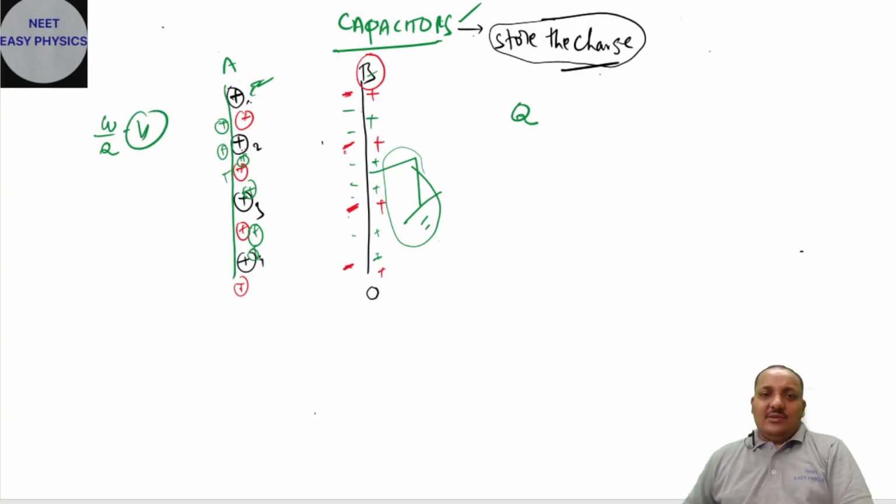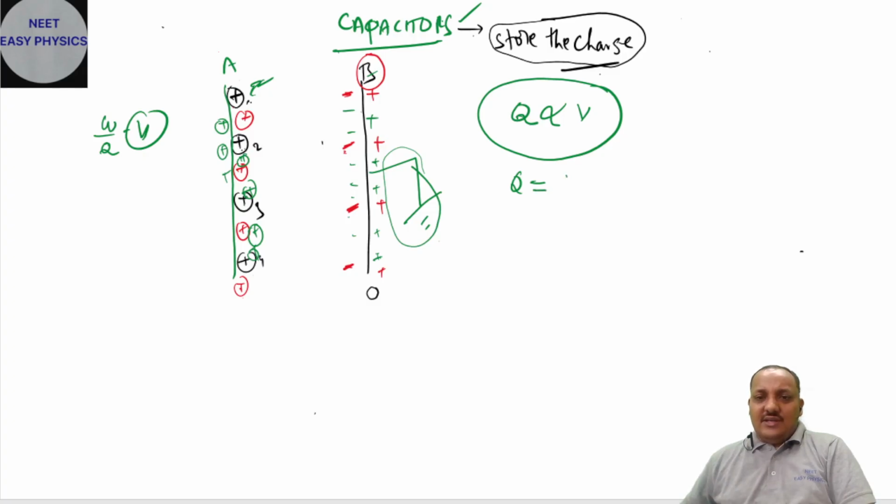That is only potential. So if charge increases, potential is also increasing. Q is directly proportional to V. So if we write one constant here, by removing this proportionality symbol, that constant is C. Q is equal to CV.